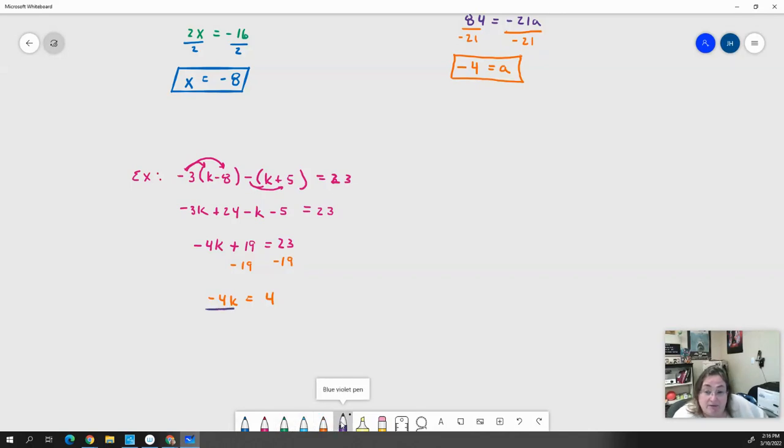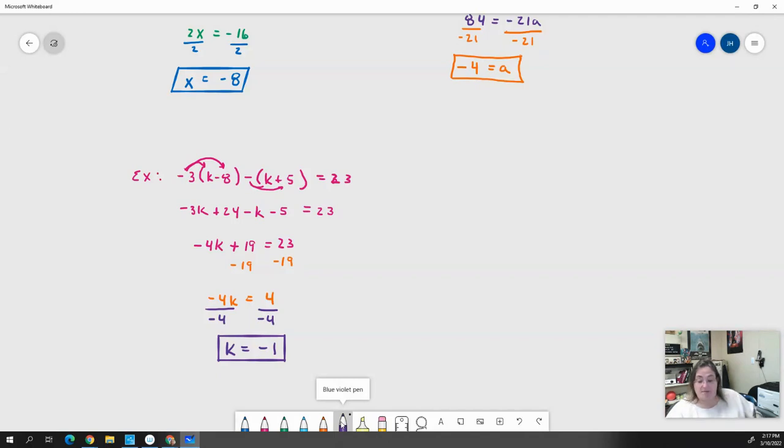So we're just going to divide by negative 4 on both sides. And I get k equals, well, 4 divided by negative 4 is just negative 1. And so we have found our solution. And so we can do these multiple steps, right? We just need to understand the order of how to do them. Distribute first, combine our like terms, and then solve for our variable.